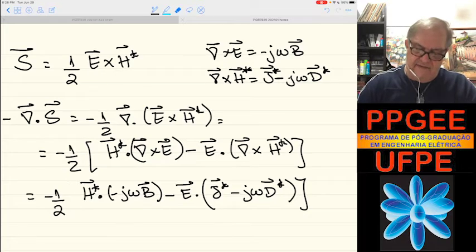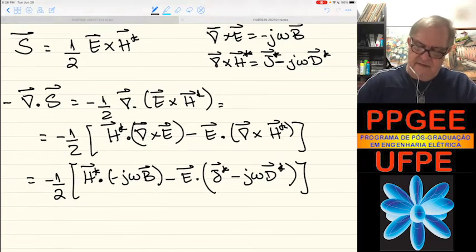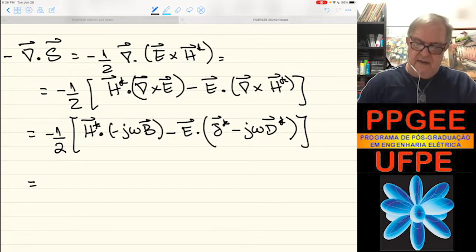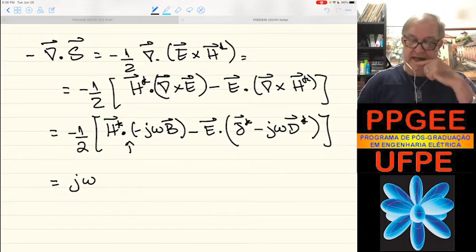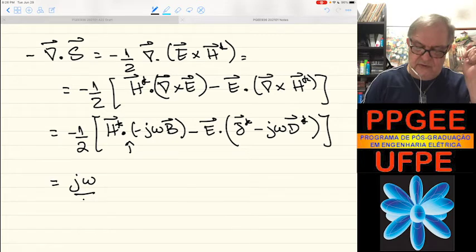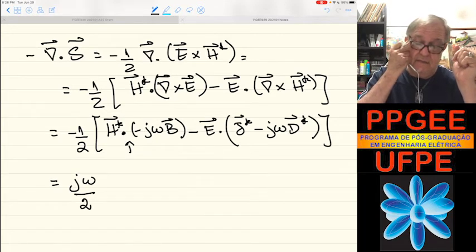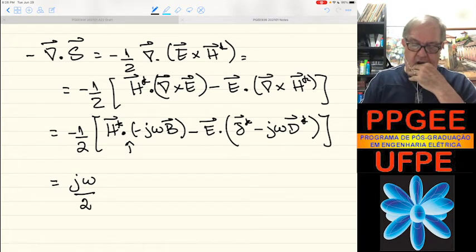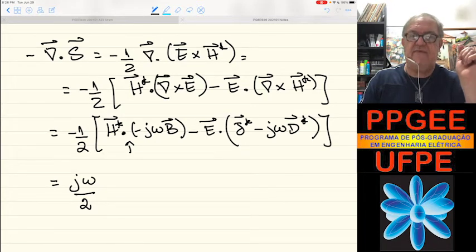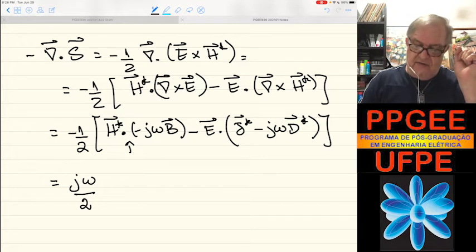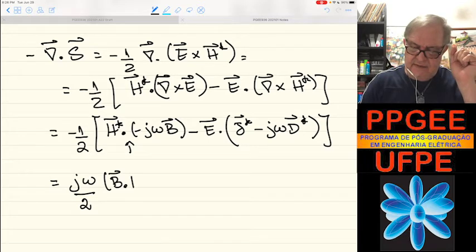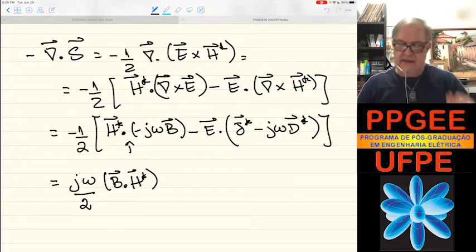So then we have, equals, that's going to be a plus, right? j omega, let me see, I have a 1/2, right? Over 2. Is this right? Yes, 1/2, 1/2, yes. So over 2, you're going to have B H conjugate, right?